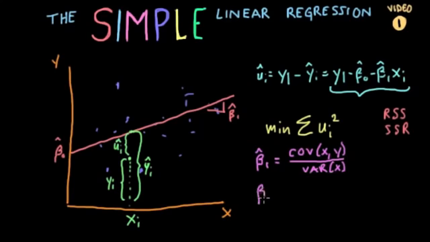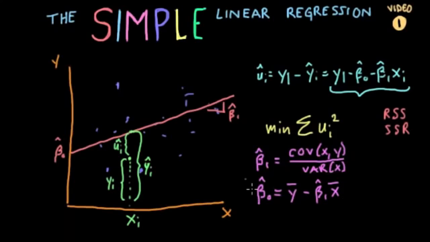And then once we get the beta 1 hat, we will be able to obtain the beta 0 hat, which is equal to the mean value of y minus the beta 1 hat. So what we obtained here, we can plug it in right here, and then multiplied by the mean of x.